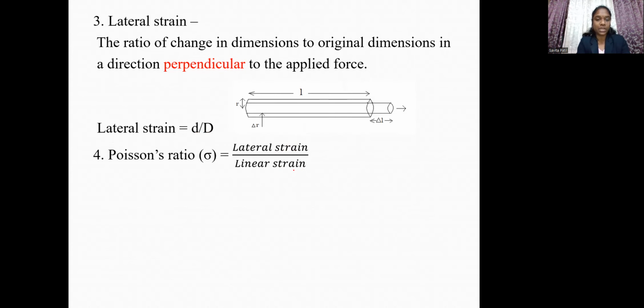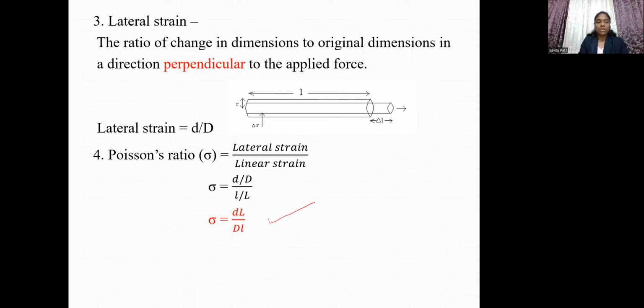Substituting the lateral strain and linear strain in this equation, we get Poisson's ratio, sigma, equal to small d into capital L divided by capital D into small l. This is the expression for Poisson's ratio, sigma.